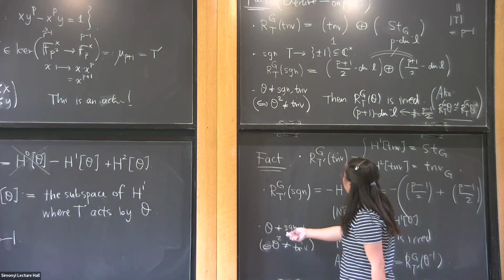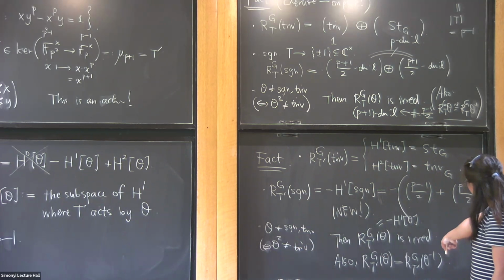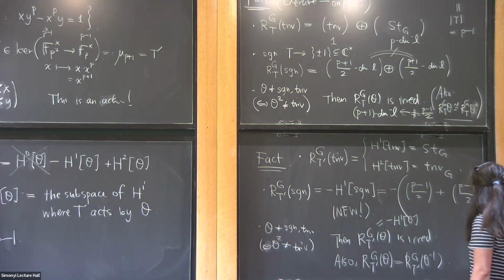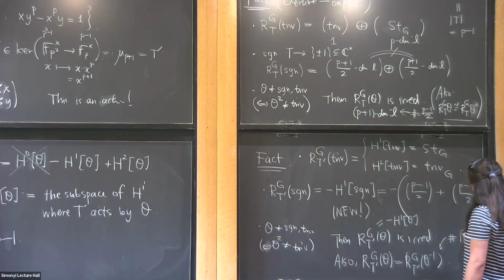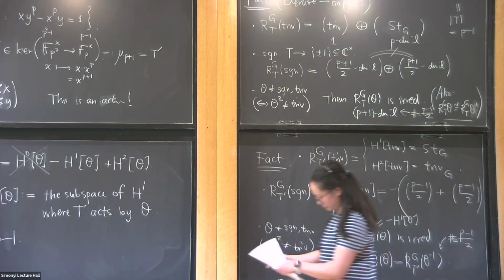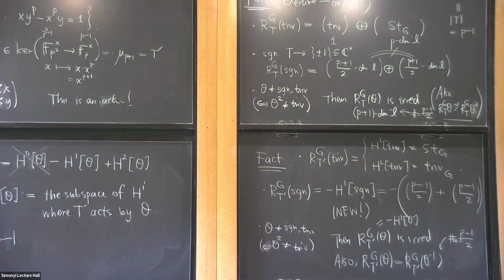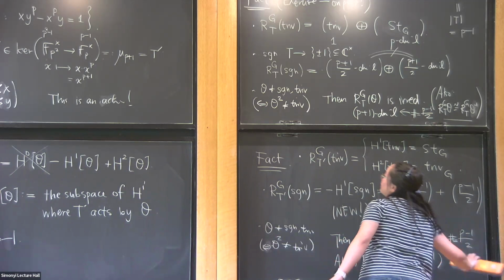And so over here, the number left is P minus 1. And I have this symmetry with theta and theta inverse. And so the number of these irreducibles I'm getting is P minus 1 over 2. Okay. I like this one.